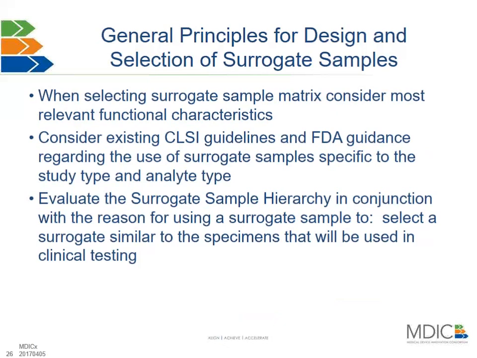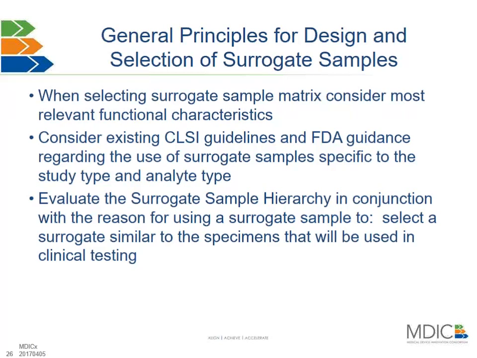When a matrix is artificially prepared, describe the characteristics of the naturally occurring specimen that are represented or mimicked by the surrogate sample. Here, one would consider factors to minimize differences between naturally occurring specimens and surrogates, and this would include items such as viscosity or endogenous cellular components.